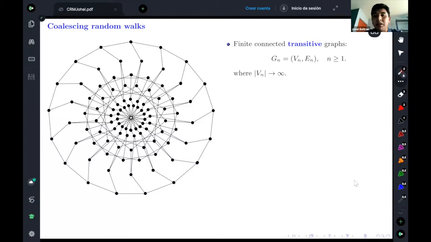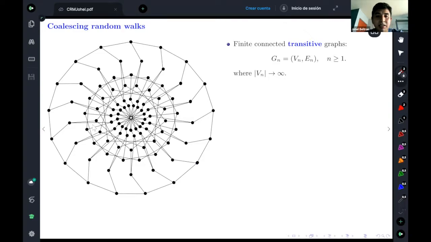We consider a sequence of finite connected transitive graphs. Transitive means that for any two vertices of the graph, there exists an isomorphism of the graph taking one vertex to the other. So in particular, the degree of each vertex is the same.